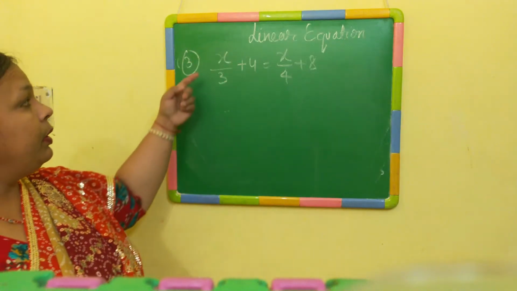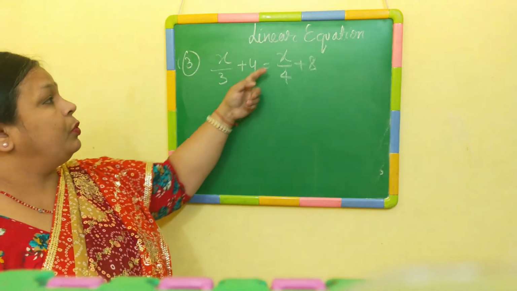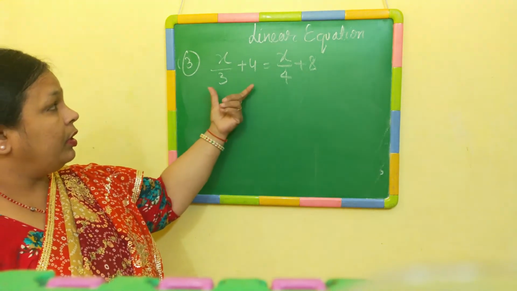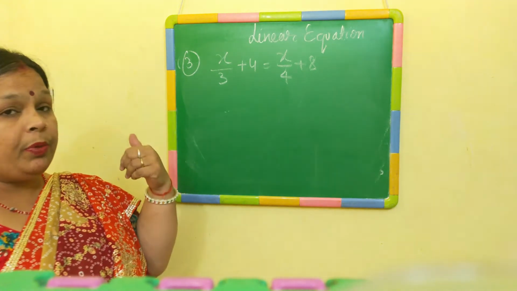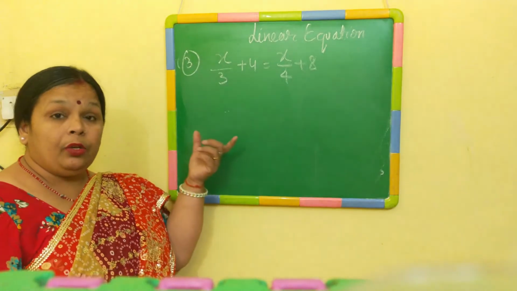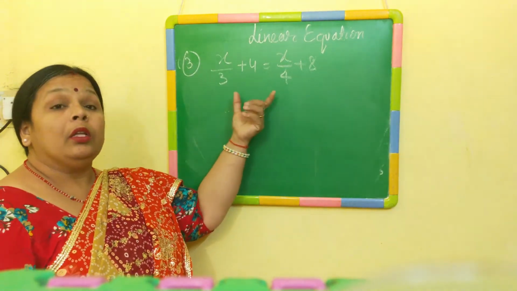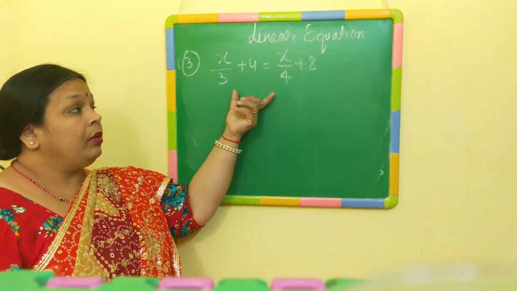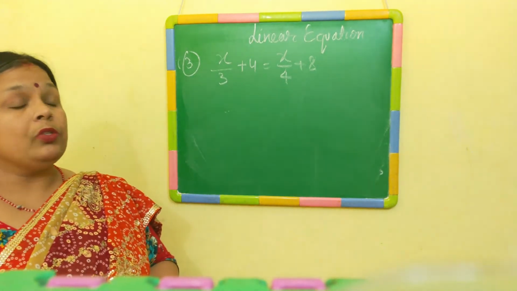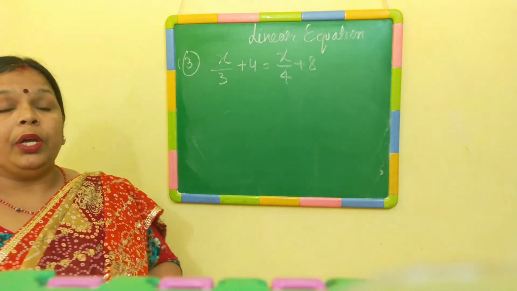In the third example, x by 3 plus 4 equals x plus 4 by 8 is given. LHS contains x by 3 plus 4 and RHS has x plus 4 by 8. I already told you that there could be such situations where we need to solve it. Now to solve this linear equation, we can solve it by two methods.